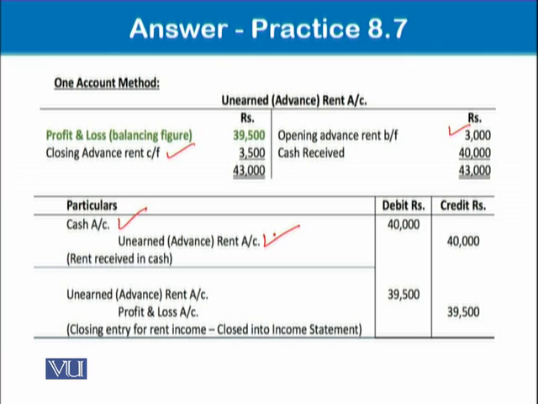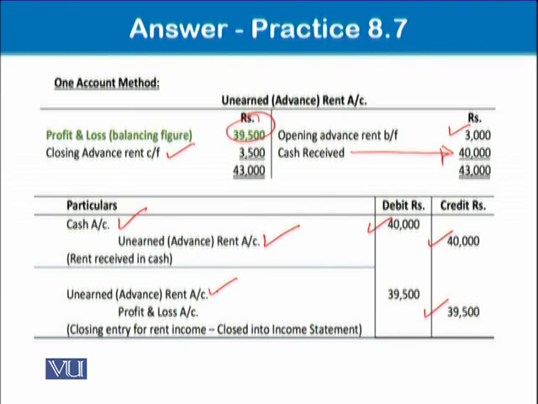Okay. So 40,000 debit and credit, we are giving this figure over here that we have received cash. And then after balancing this account, 39,500 will be taken to profit or loss. So unearned advance rent account would be debited and profit or loss account will be credited over here, so that this account is closed and its closing balance is taken to the balance sheet.